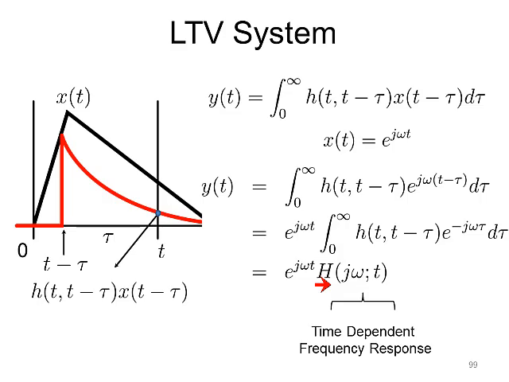Unlike in time-invariant systems, this frequency response depends on time. And that, of course, makes sense because the gain experienced by the complex exponential must change with time as the properties of the network are changing with time.